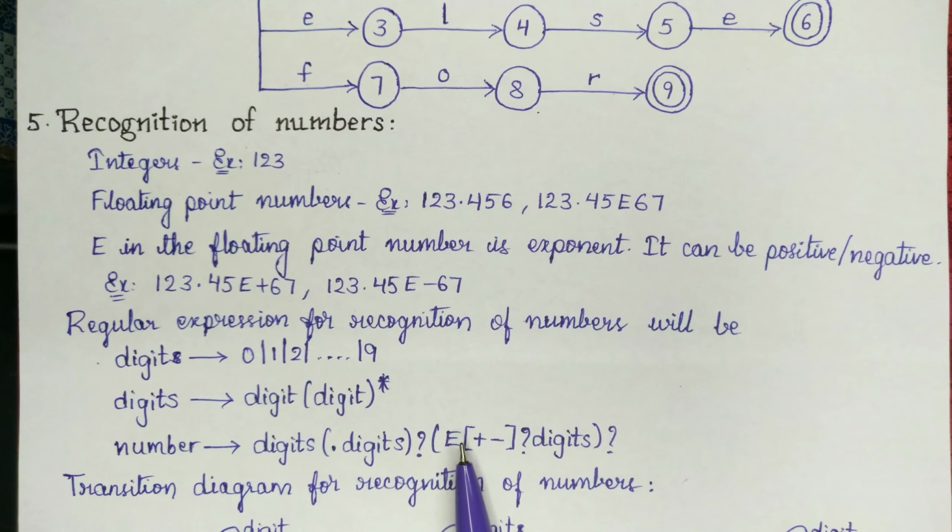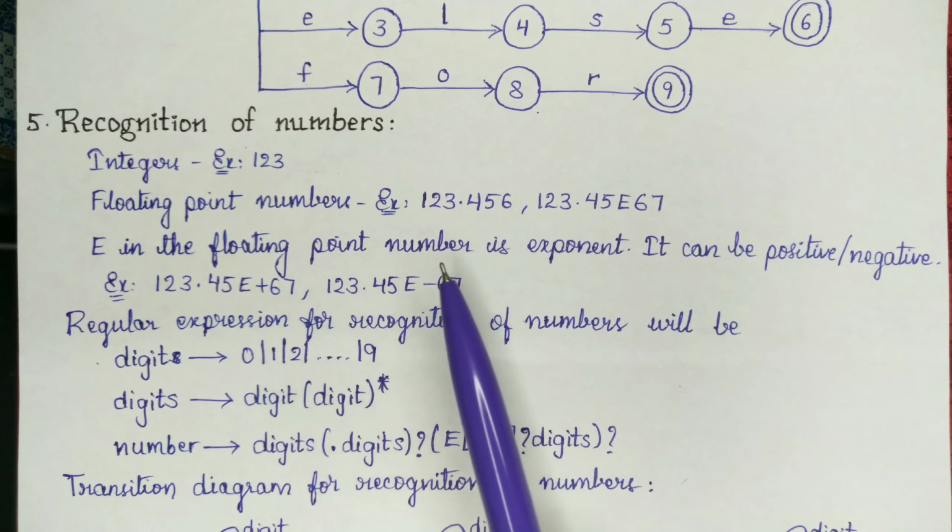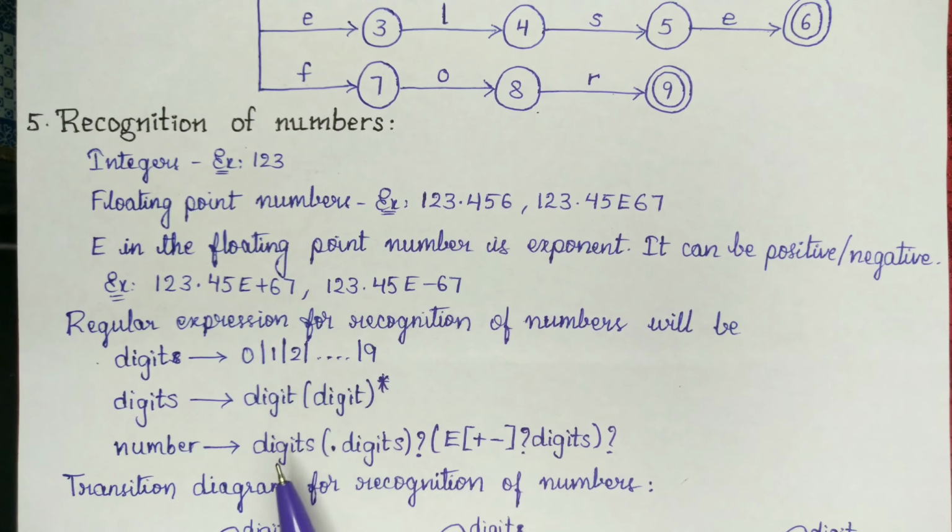So let's observe it with the numbers we took previously. We have 123, so all the digits are satisfied. Next is 123.456: 123 as digits here, dot, and 456 as digits here. The remaining syntax has a question mark, so it is negligible.